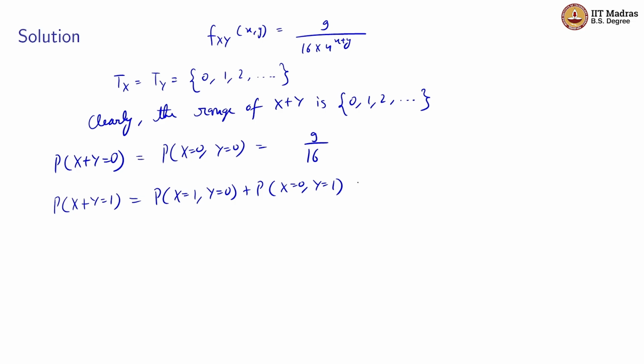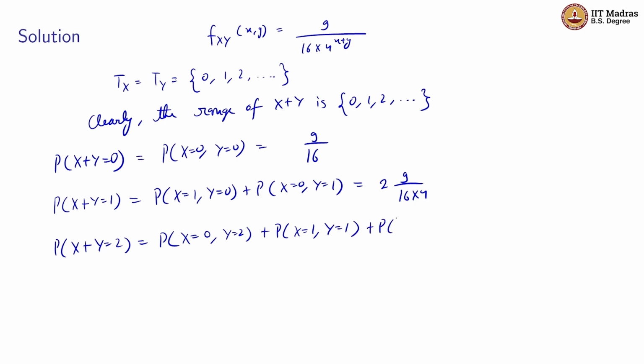So on simply putting the values of x and y in the given joint PMF, we will get 2 into 9 by 16 into 4, and the probability that x plus y is equal to 2 will be equal to probability x is equal to 0, y is equal to 2, plus probability x is equal to 1, y is equal to 1, plus probability x is equal to 2, y is equal to 0.